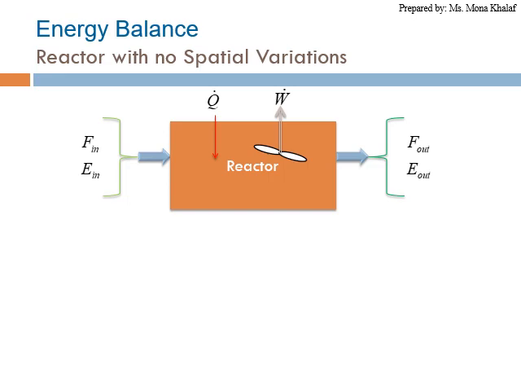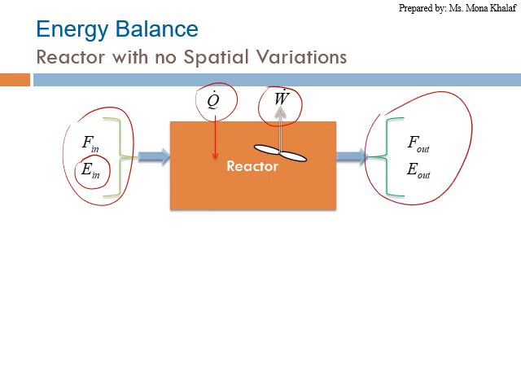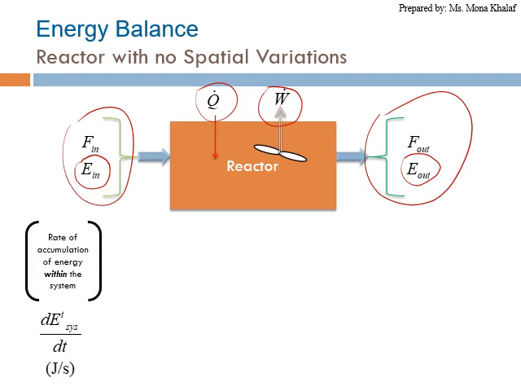Okay, so again, this is my system, which is a reactor in this case, and we have exchange of heat, exchange of work, and then we have mass coming in with its associated energy and mass leaving out with its associated energy. So there we go.